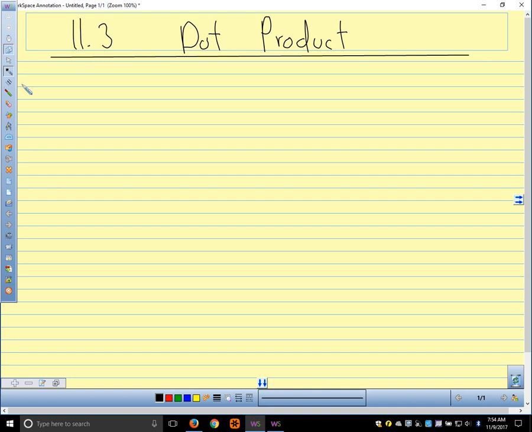All right. So dot products. So far all we've talked about with vectors is addition and subtraction and scalar multiplication. Dot product is one form of vector multiplication.